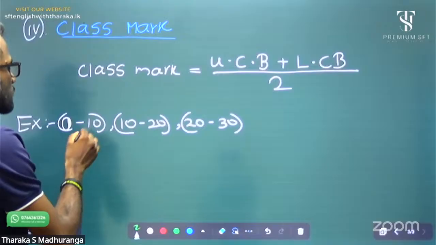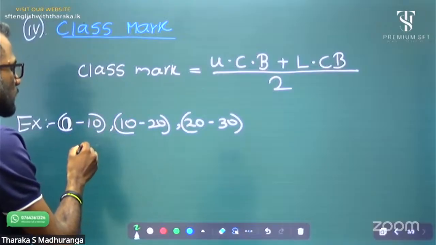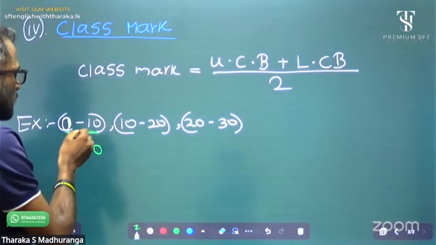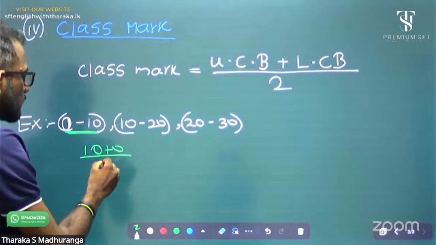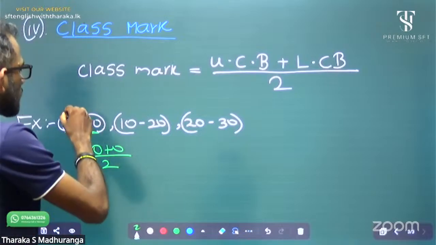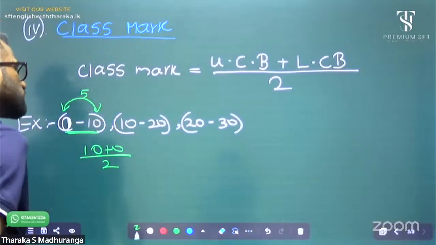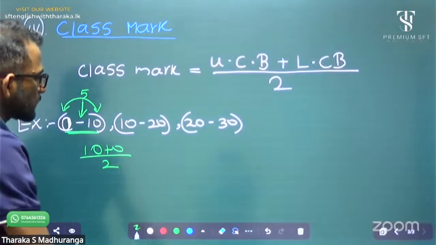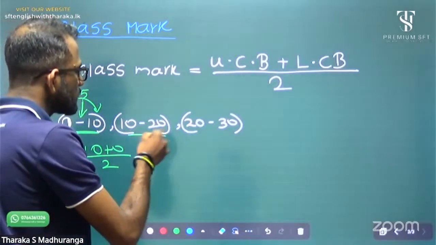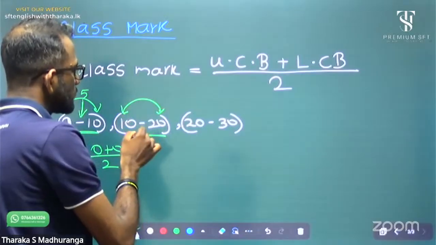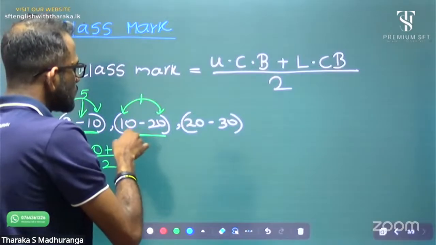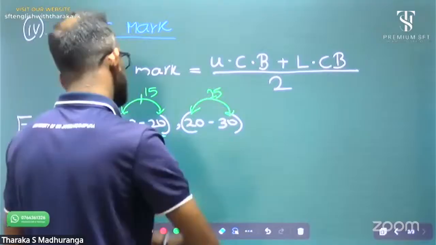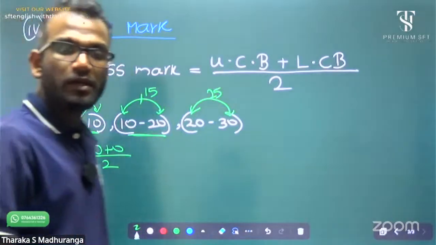Upper class boundary 10 plus 0, divided by 2. The class mark is 5. 5 means the mid value of the class. 10 plus 20 over 2, it is 15. Then 25. Okay, that's the class mark.